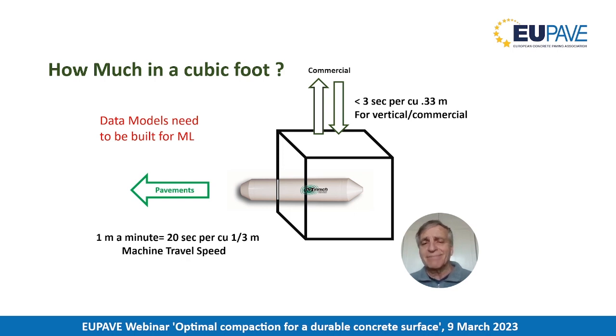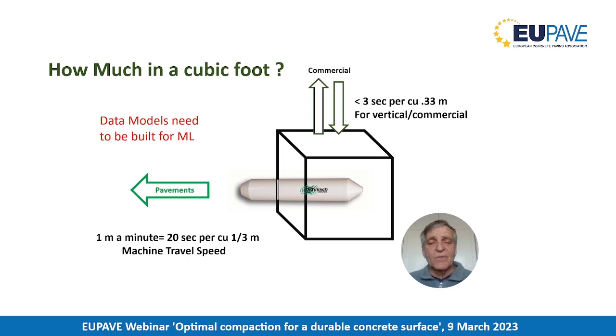Commercial is a little bit different. We're 3 seconds in a cubic meter, so we move in and out of that third of a cubic meter much faster in vertical than we do when we're doing pavements. We're dragging that thing along at hopefully a consistent pace.